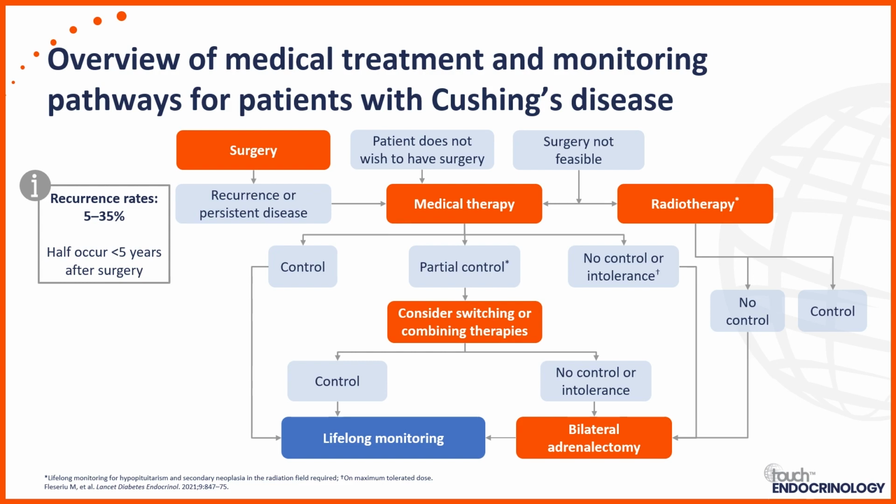So we take them to surgery. Most patients will do well with the operation. There is a recurrence rate, however. Anywhere from 5 to 35% of patients will recur. Half of those will recur within 5 years, most people within 10 years. And when that happens, many times we reconsider surgery as a second option, so another operation.